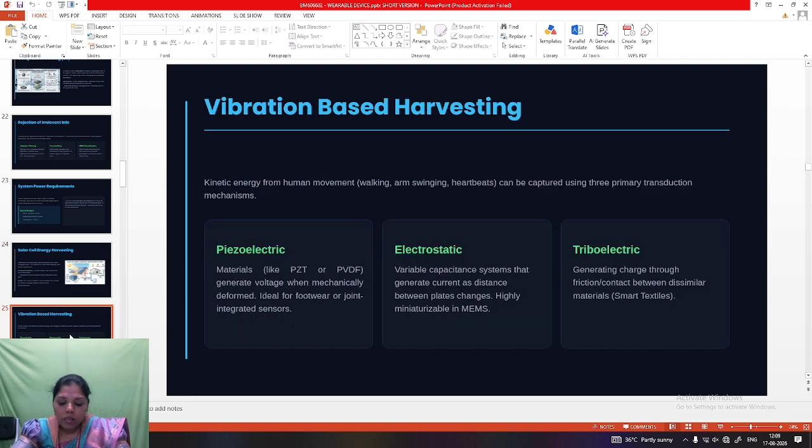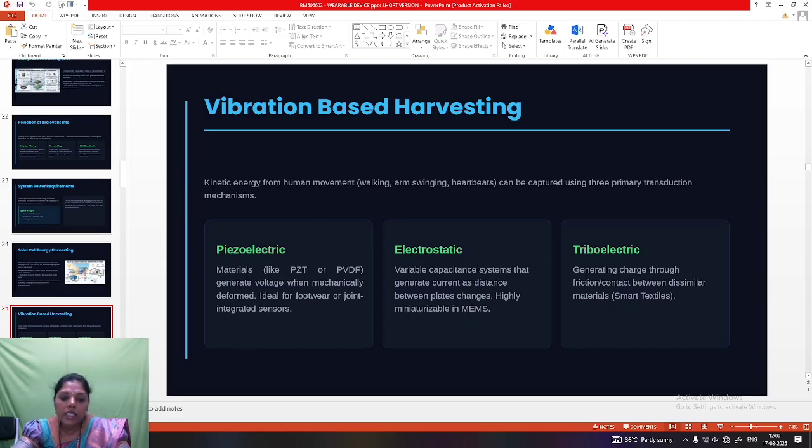Next, let us move to the next slide, vibration based harvesting. Understand this important topic. Vibration based harvesting means kinetic energy from human movement can be captured using three primary transduction mechanisms. First one is piezoelectric, electrostatic, triboelectric.